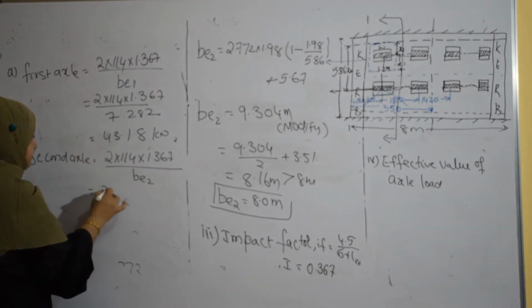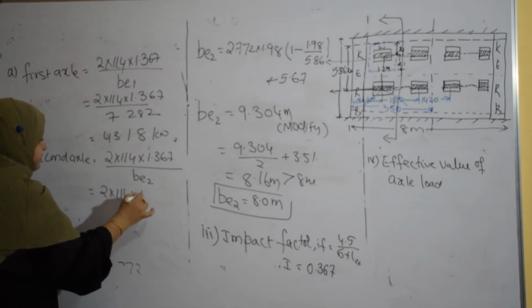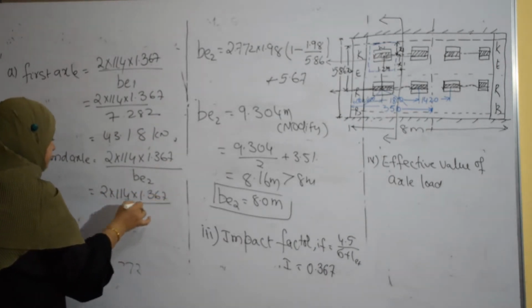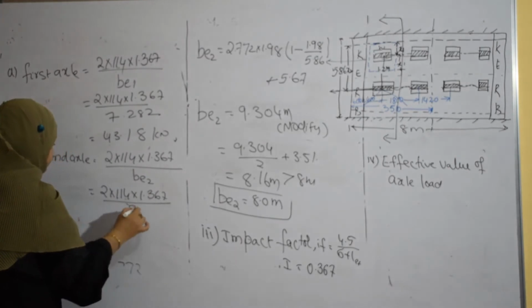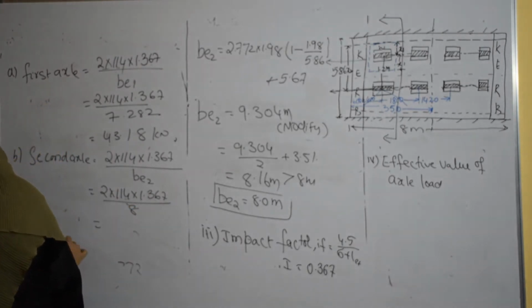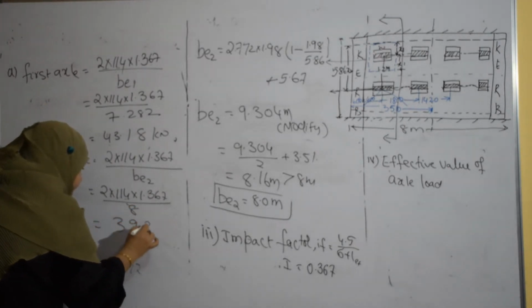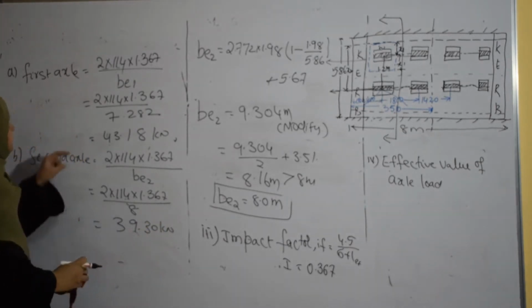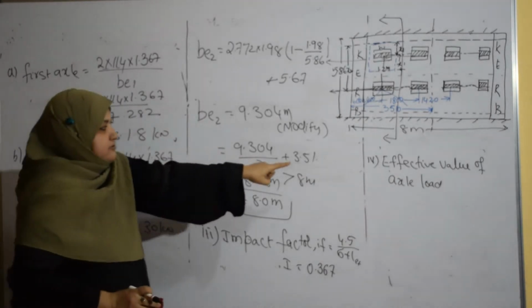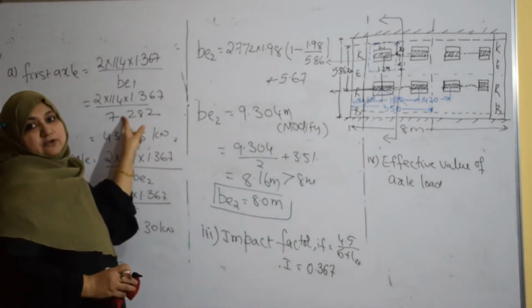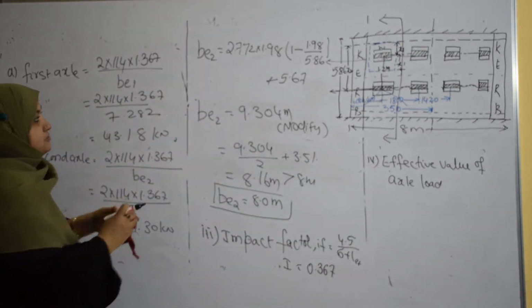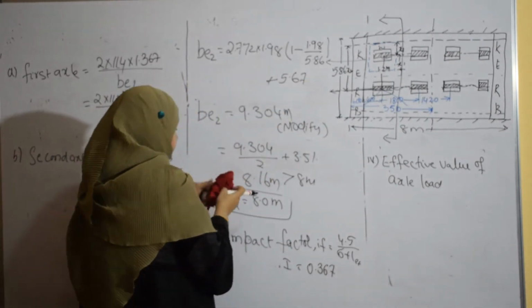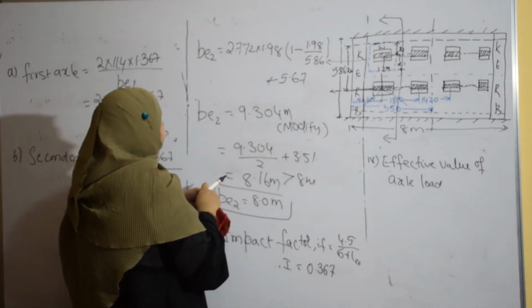So that comes out to be 2 into 114 into 1.367 by 8. That comes to 39.30 kilonewton. So these are the effective values of the axial loads.